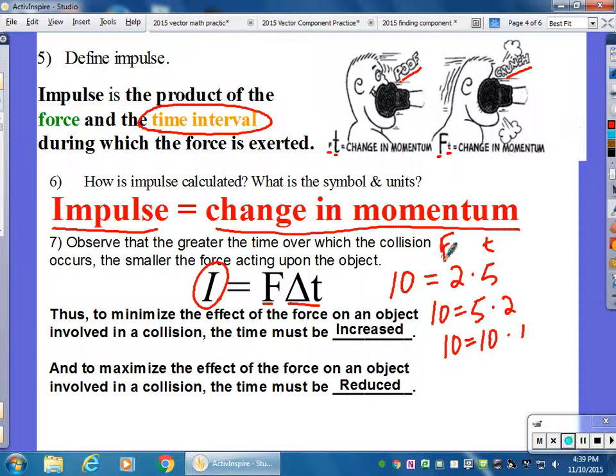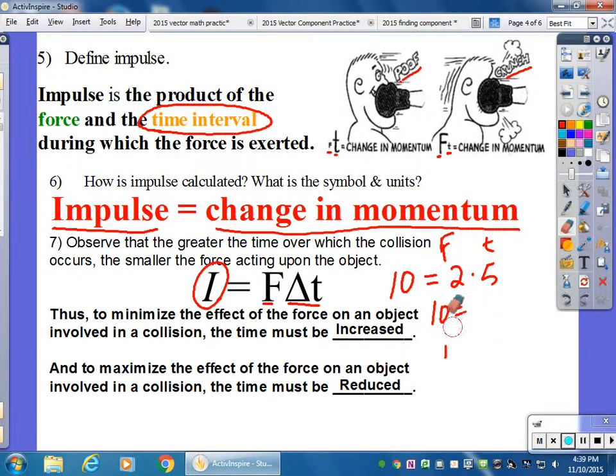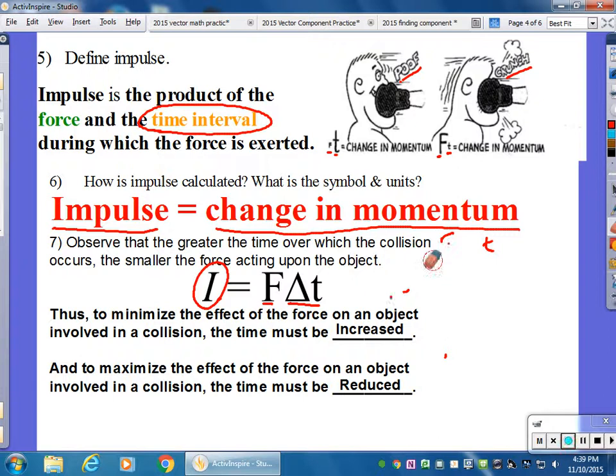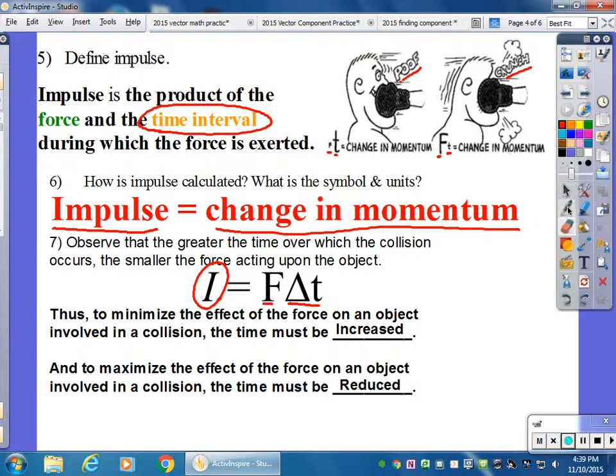The force of a collision is what causes the damage, not the period of time for which that force is applied. So in terms of collisions and accidents, you're going to want to have the force applied over a longer period of time to reduce the amount of damage, like in car accidents. That's the job of the seatbelt and the airbags: to reduce the force, apply that force over a longer period of time, and slow you down slower.